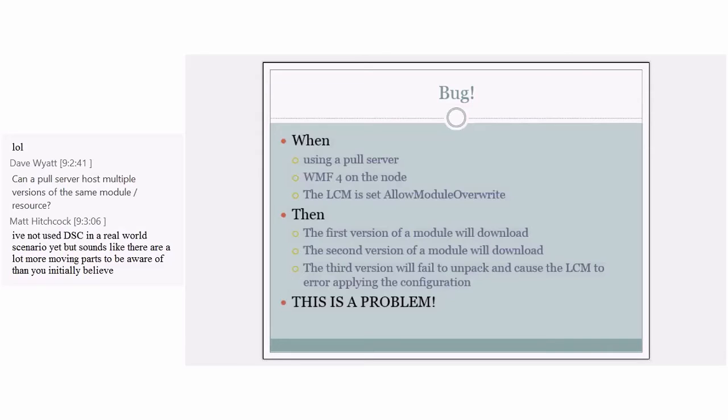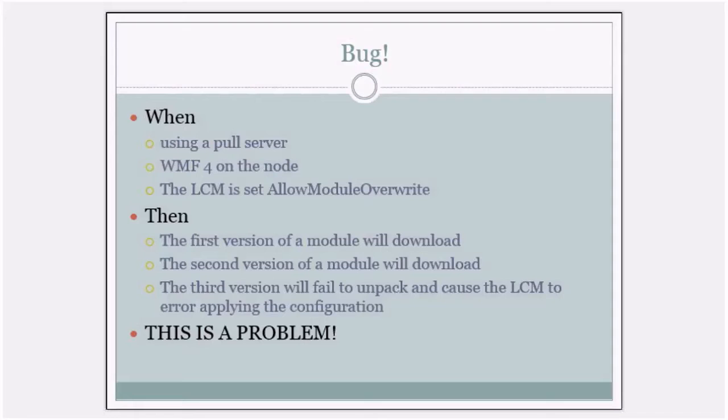And Matt comments that he's not used DSC in the real world yet, but it sounds like there are a lot more moving parts. Yes and no. There are definitely some idiosyncrasies, but there's only a handful of places where there are going to be problems.